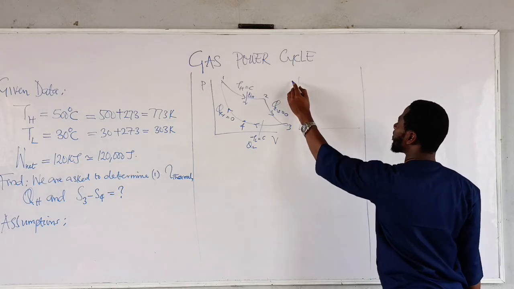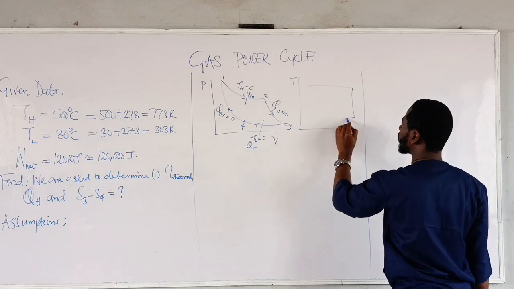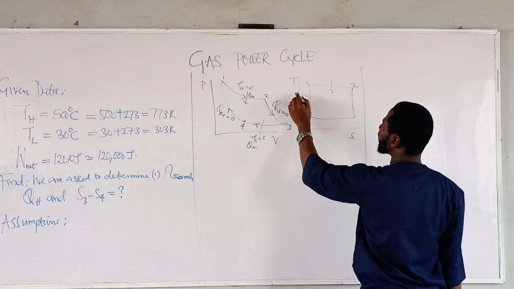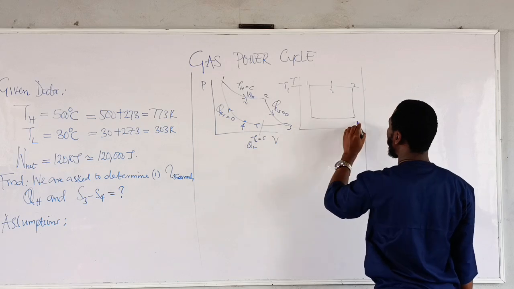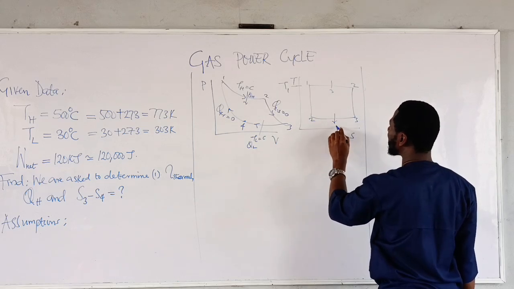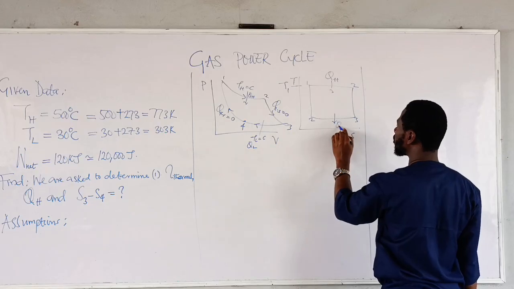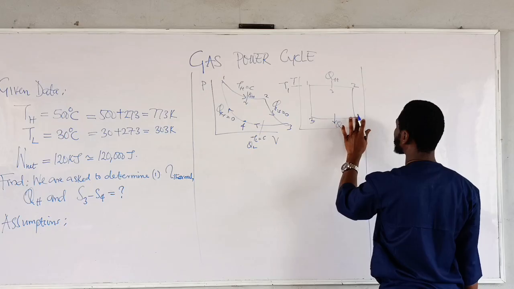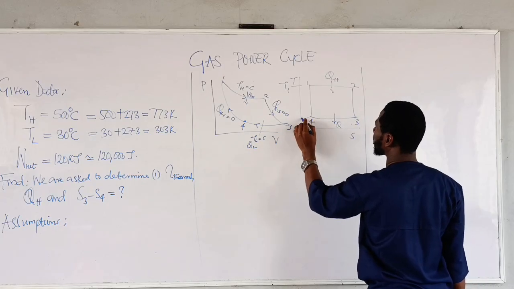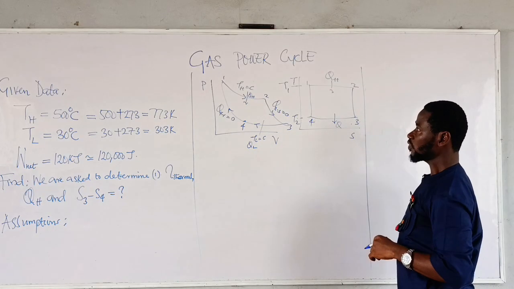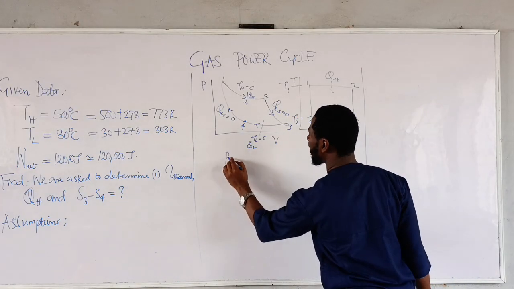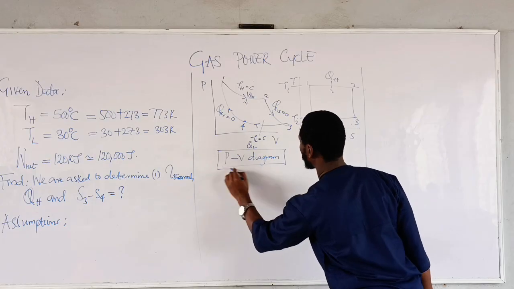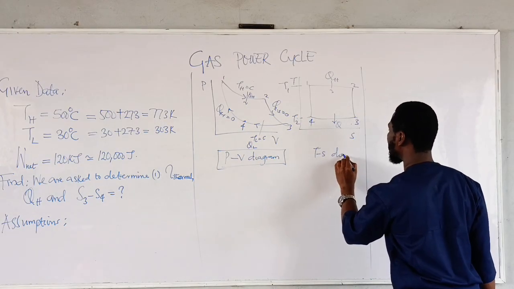Then for the TS diagram, heat is added at temperature T1 and rejected at temperature T2. So this is the schematic, the PV diagram, and this is the TS diagram.